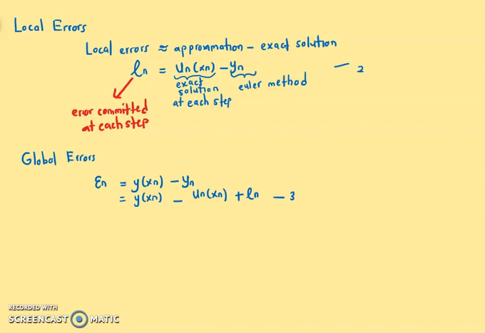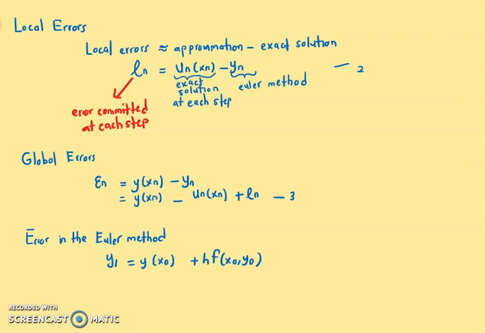Now what is the error in the Euler method? If we take the Taylor series expansion, we have y1 equals y at x naught plus h f of x naught, y naught.